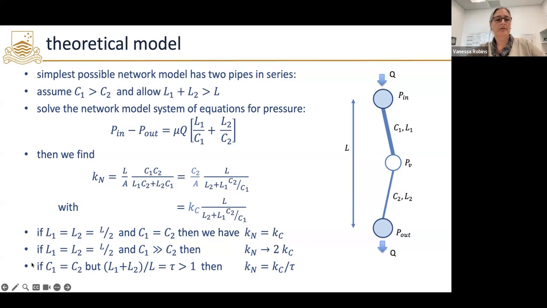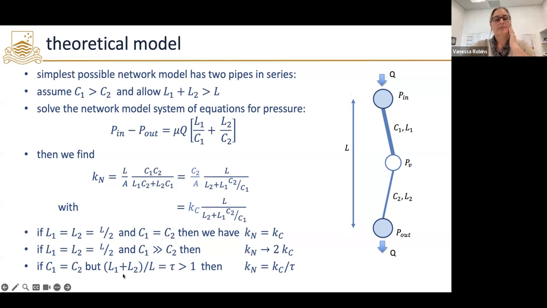And then if the capacities are equal, so the pipes have the same radius, but the path is quite tortuous, right? So here I'm saying the individual pipes are maybe taking a very much longer distance than the distance through the core sample.